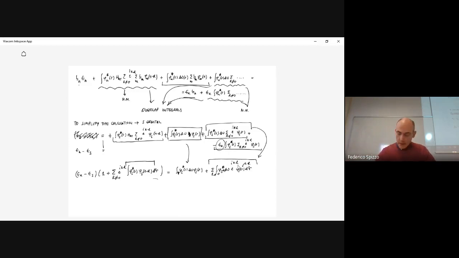So in general, this integral is called alpha of R.